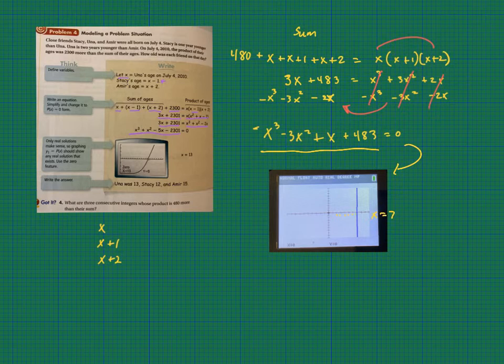Now, if that is my solution, then x is 7, x plus 1 is 8, x plus 2 is 9. So there are those three consecutive integers with the product of 480 more than the sum.